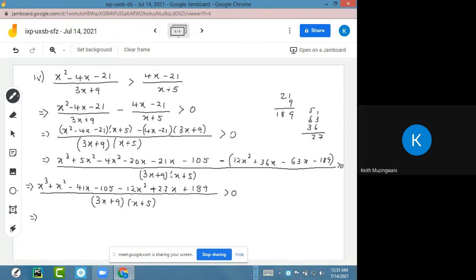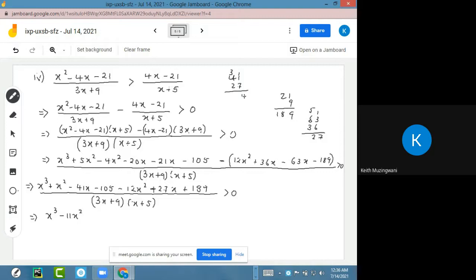So what will happen next? The x3 is reserved. The x squared now we add, so we'll get minus 11x squared. The x also we add, negative 41 plus 27, that is the same as 41 minus 27. That is 11 there, so we get 4.